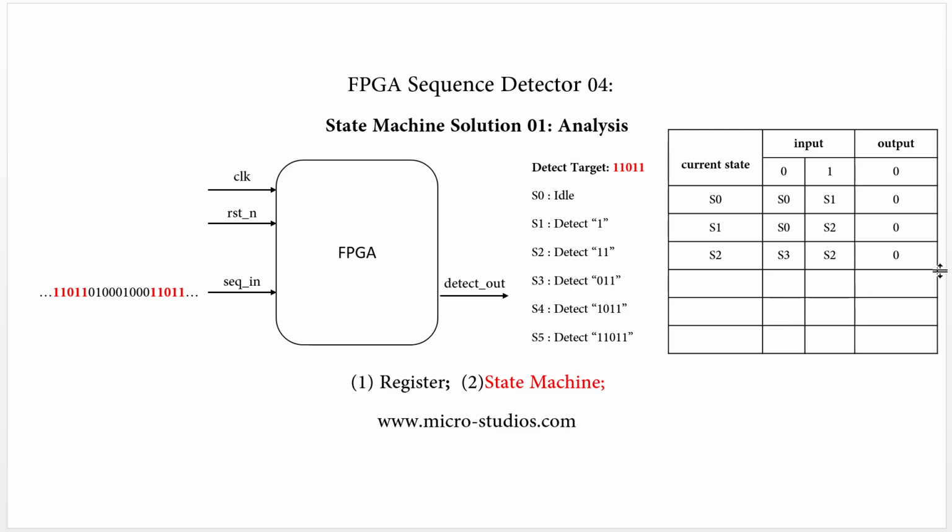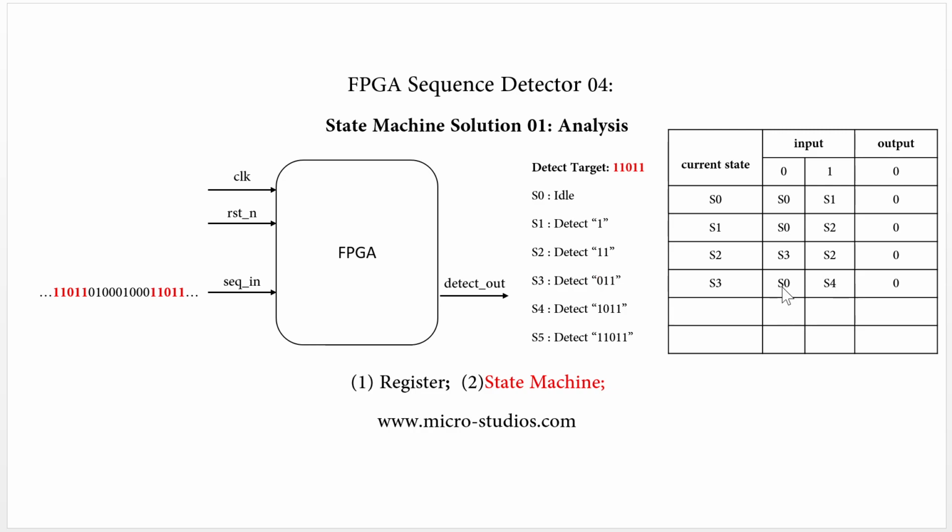Similarly, we can get the following state switches. So the current state is S3. When 0 comes, it will become 1, 1, 0, 0. Not match any others. So we go back to idle.